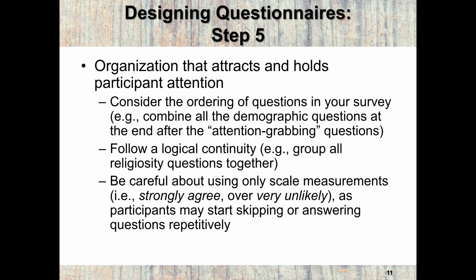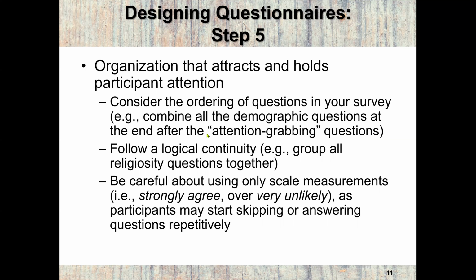So most of the time in a survey, we try to bring simple and very short questions first. Then later, in the middle, you come up with a little more difficult questions. At the end, maybe more simple questions or a conclusion. So here they say, consider the ordering of the questions in your survey.